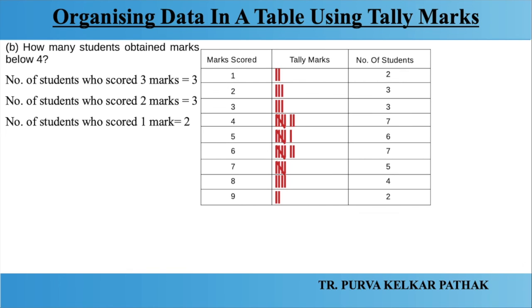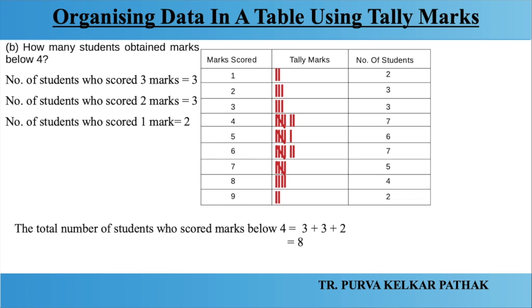Our final statement would be the total number of students who scored marks below 4 is equal to 3 plus 3 plus 2, which is equal to 8. So, there are 8 students who have scored marks below 4.